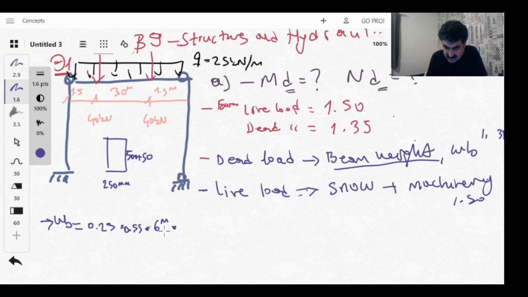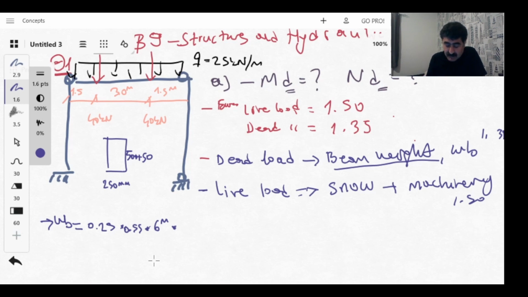So I calculate the volume, 0.25, 0.55 and 6 meters, multiplied by the unit weight of the concrete, actually reinforced concrete, because it has reinforcement in it.